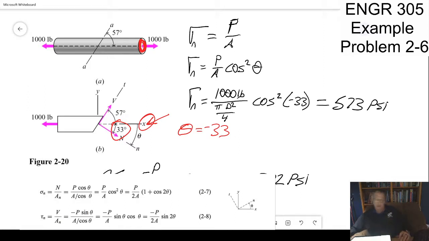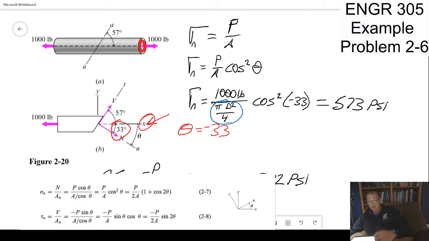Now, do I have a sense of whether that's right? Yeah, it looks good. Realistically, I would check the area. 1.25 squared is about 1.5, times pi is about 4.5, divided by 4 is a little more than 1.